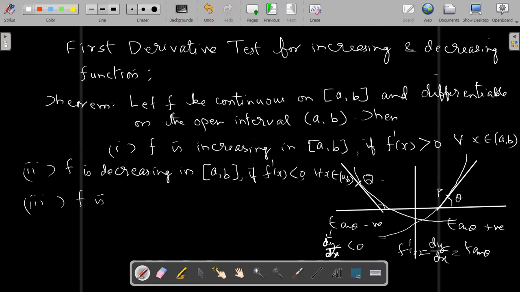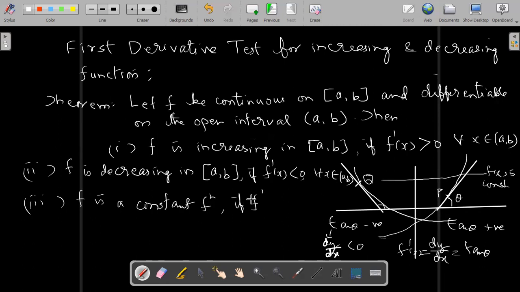And third thing also can happen, that f is a constant function. Any constant function is like this straight line, f x is constant. If f is a constant function, we cannot draw a tangent at an angle. The tangent will be a straight line and the derivative will be 0 because it will not make any angle with the x-axis.